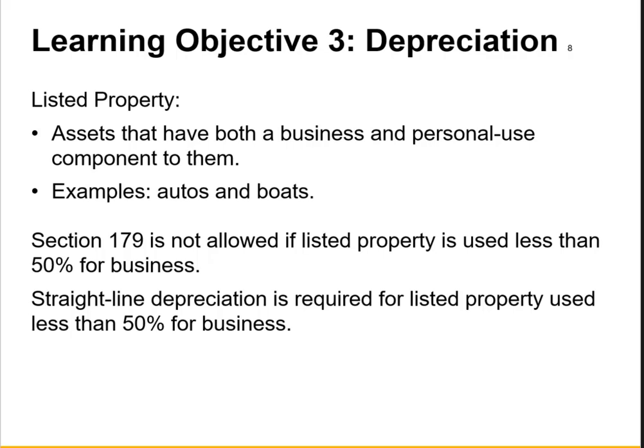So remember, we said you can have business and personal use and just treat it as two separate assets. But for these types of assets, you can't use Section 179 if it's below 50%. And if it is lower than 50%, no tables. Can't use the calculation tables that we used before. Have to use just a straight line depreciation calculation.